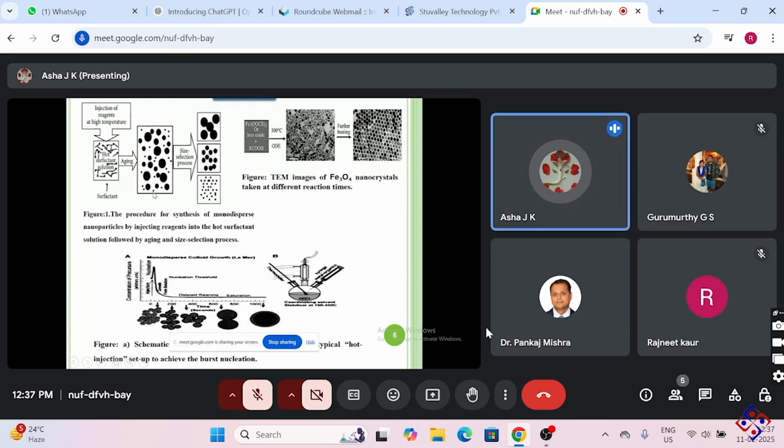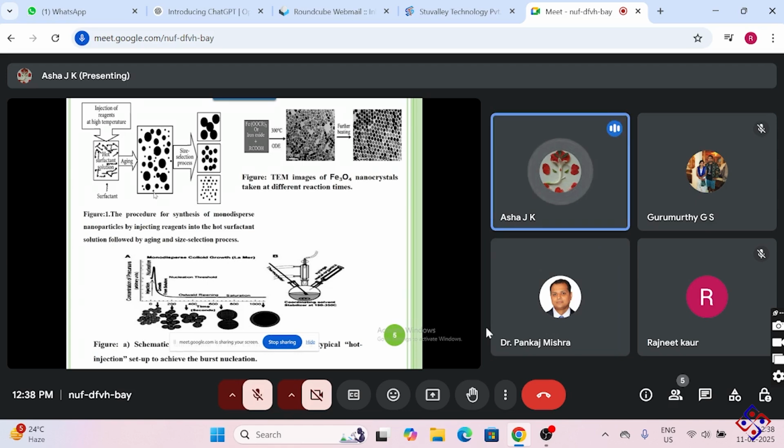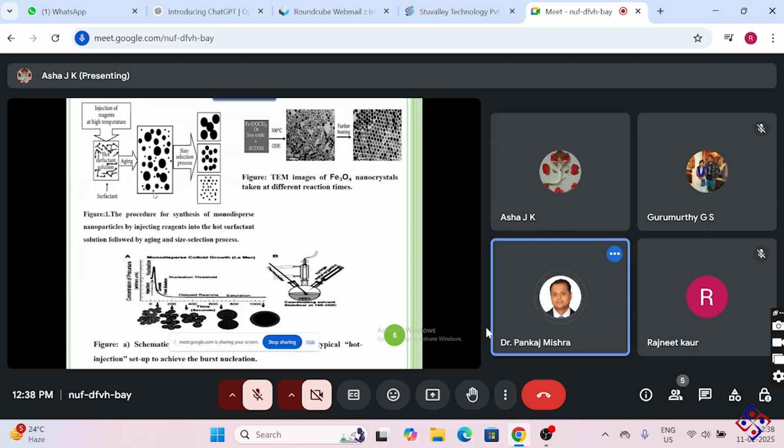These are the synthesis processes to produce nanoparticles in a monodisperse method. Have you done your own synthesis or not? Have you done any experimentation on your own or not? Yes, sir, I have done. So which lab had you used for this?